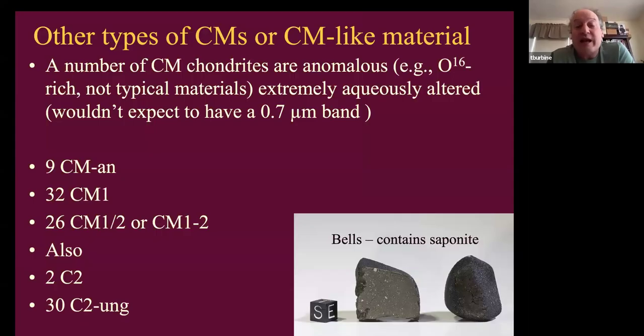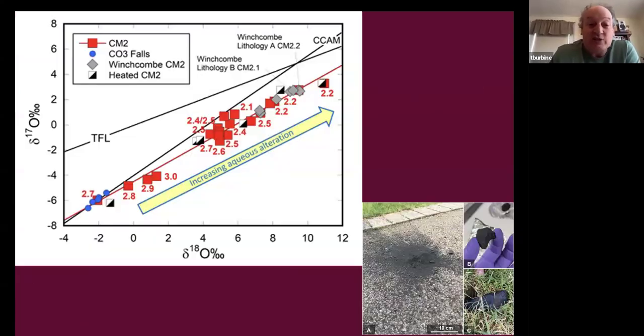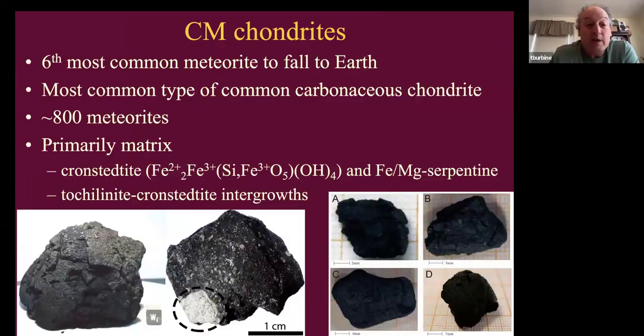There's also other types of CMs. There's a hodgepodge of CMs. There's CM anomalous. There's CM1s. You wouldn't expect to get the 0.7 micron band because that is only due to having this mineral concentrate. There's a transition between the iron 2 plus and the iron 3 plus.